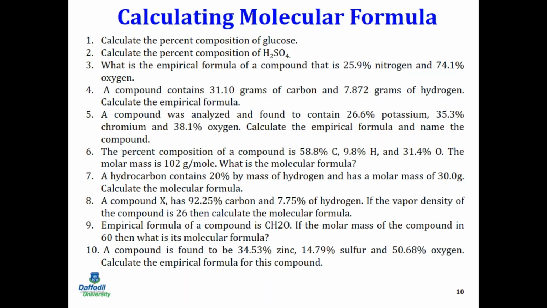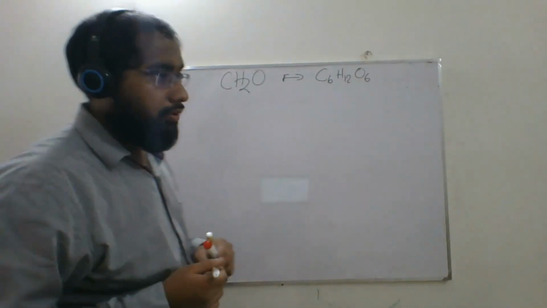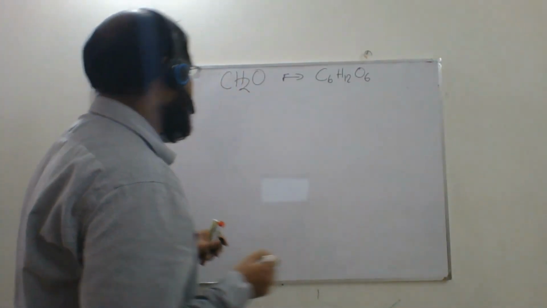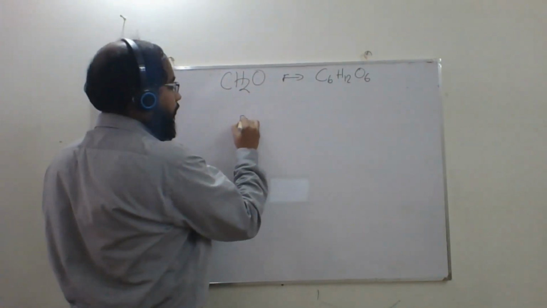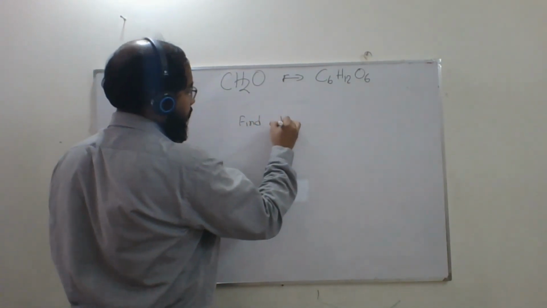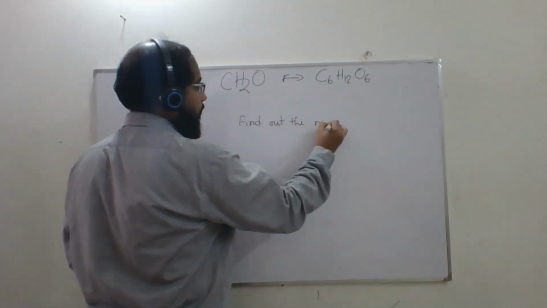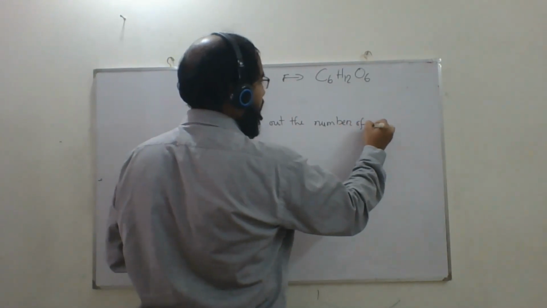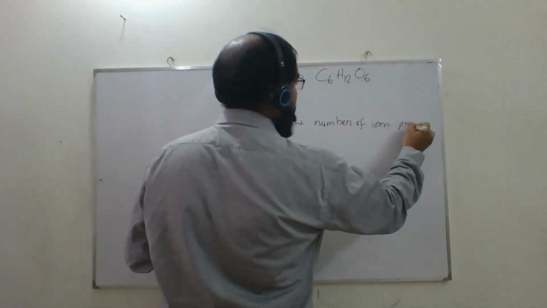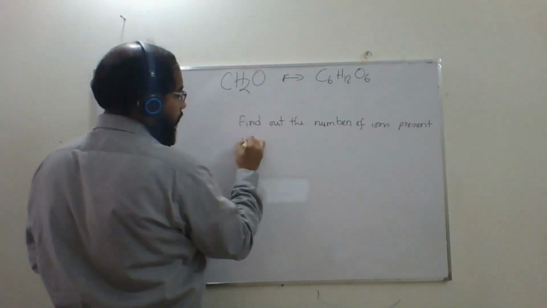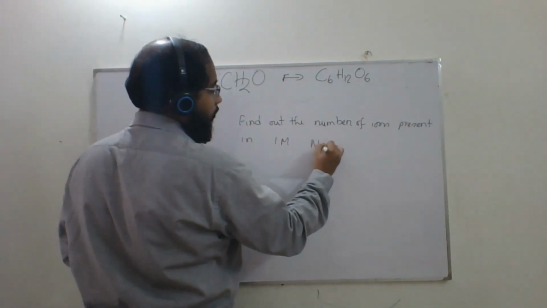And also for another type of problem, like chemical calculation, one thing is that sometimes we say, find out the number of ions present in 1 molar sodium hydroxide solution.